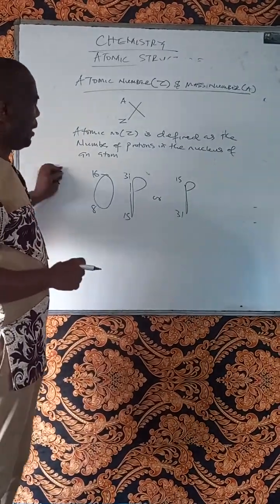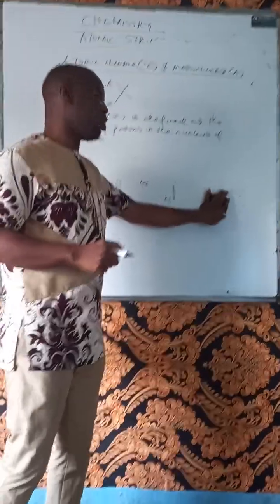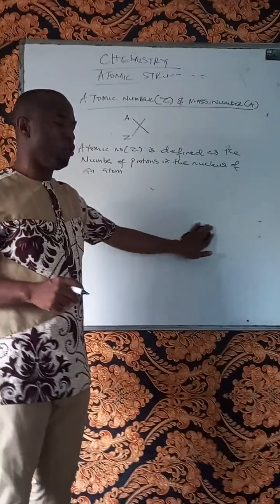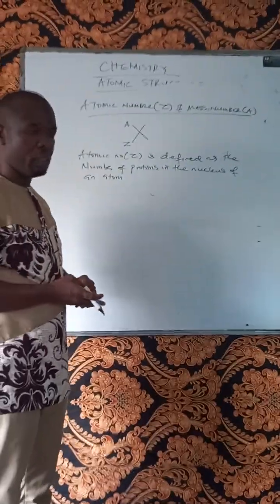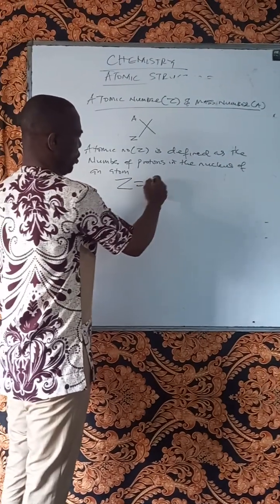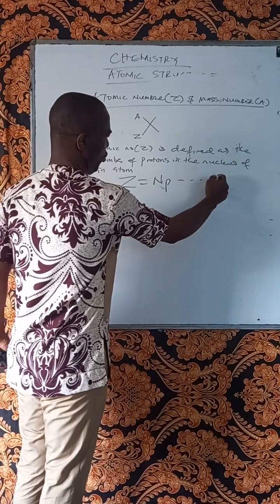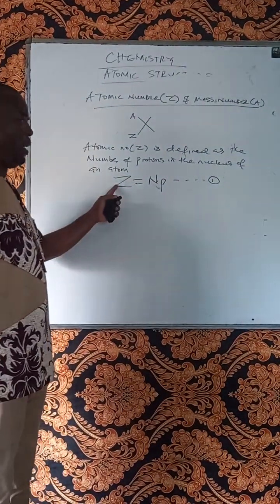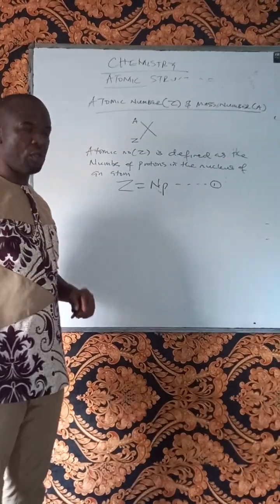Remember also, I said today that the atomic number refers also to the number of electrons. Yes. So before we go to that, we can write Z equal to Np, equation 1. That means atomic number is equal to number of protons.